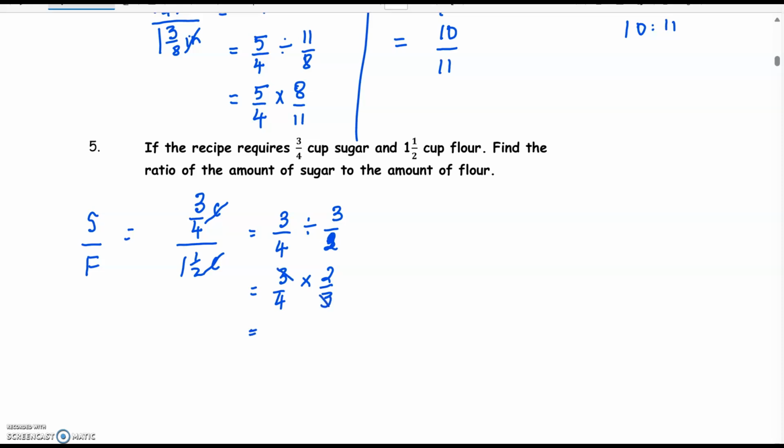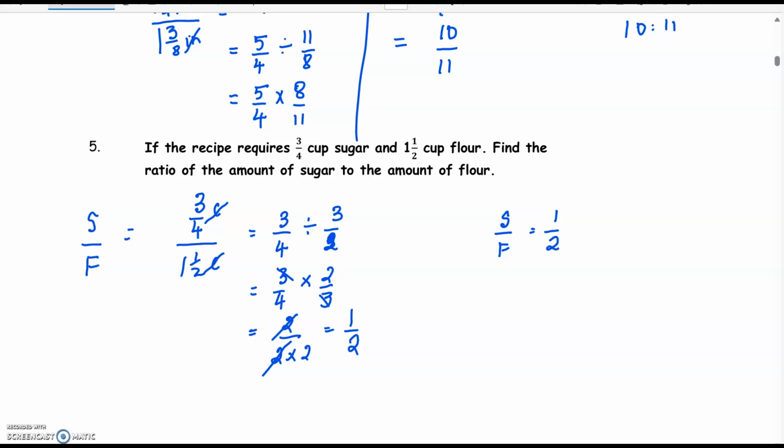We cancel the common factors and we write it as 2 over 2 times 2. 2 over 2 is a 1, so we have 1 over 2. So that is half. So what does this mean?